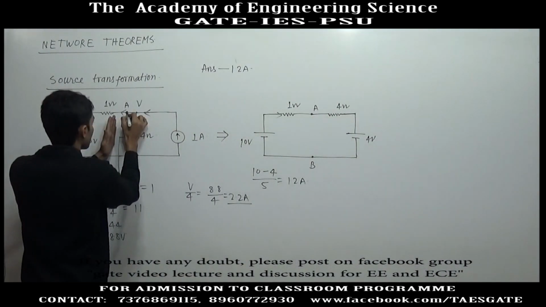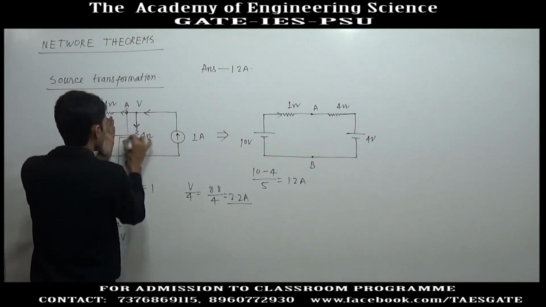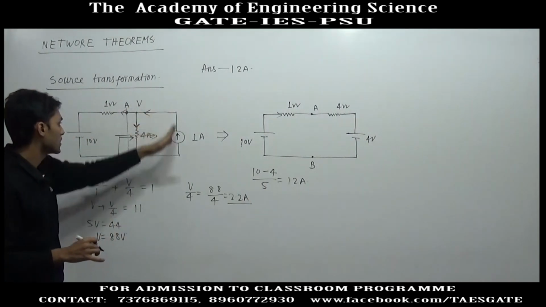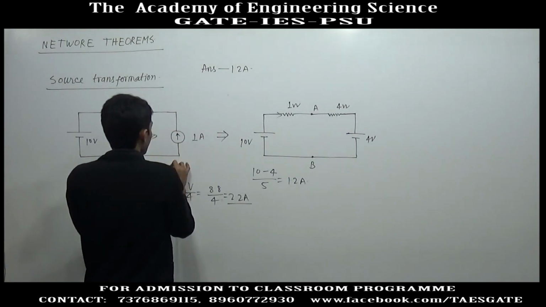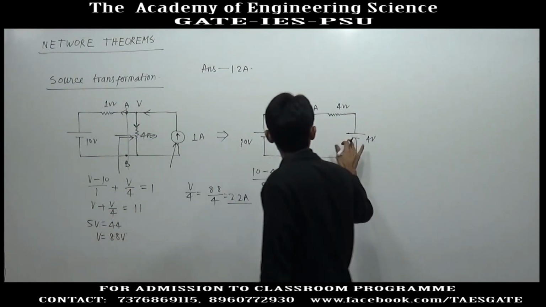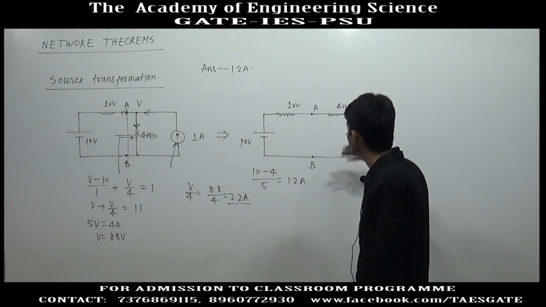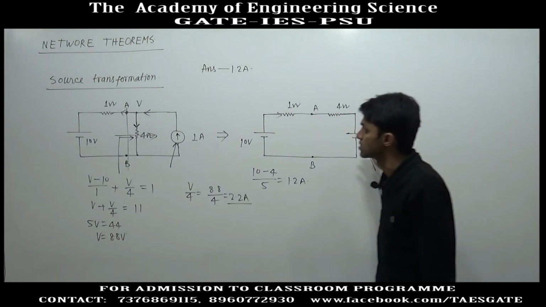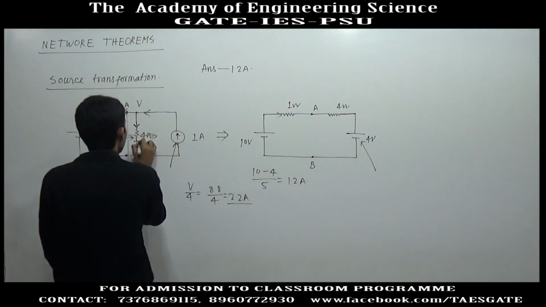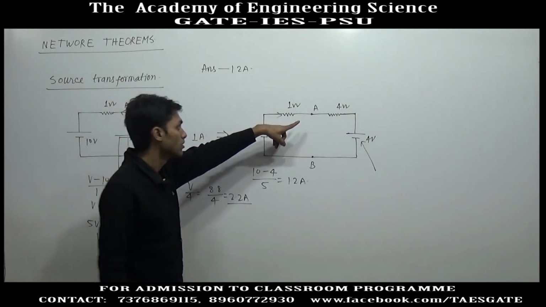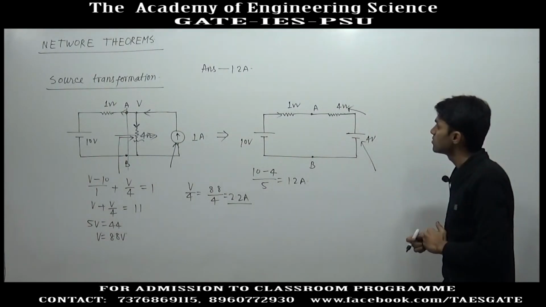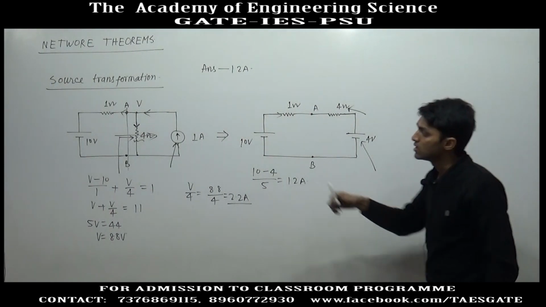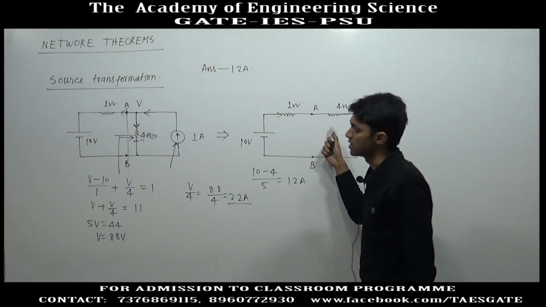All this circuit has been transformed. So the current source is not visible here, there is a new voltage source. Similarly, this 4 ohm resistance is not visible here. Although the new resistance also has a value of 4 ohm, these two resistances are not the same.